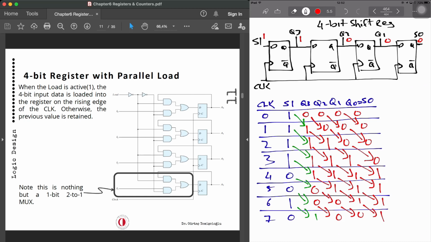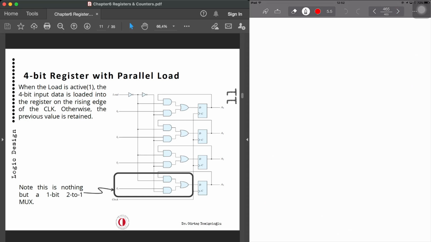And this is a typical shift register operation where we are just shifting from one flip-flop to the other based on the rising edge or the falling edge of the clock. And the symbol for it, we can draw also the symbol. So the symbol for it is we have got serial in, the clock, serial out, and that's it.